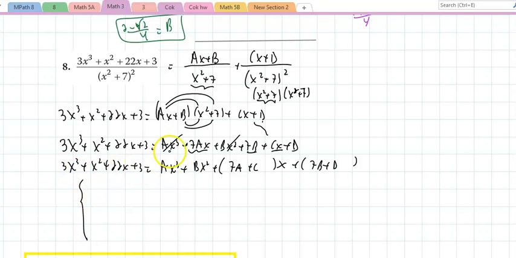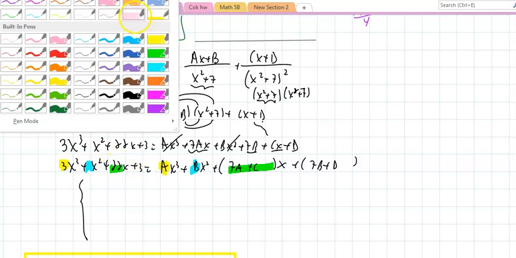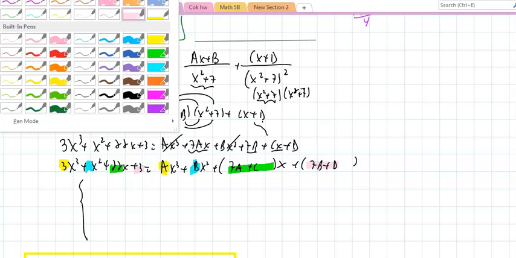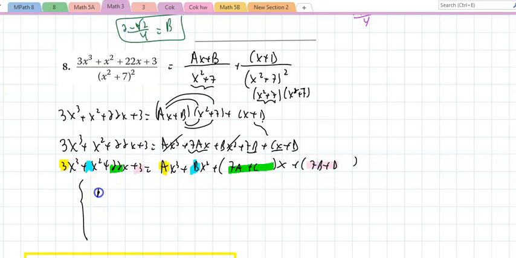What does this tell me? This tells me that the number in front of the cube must equal the number in front of the cube, the number in front of the square must be a 1, the number in front of x must be a 22, and the constant must be a 3. Meaning, a equals 3, I got it.